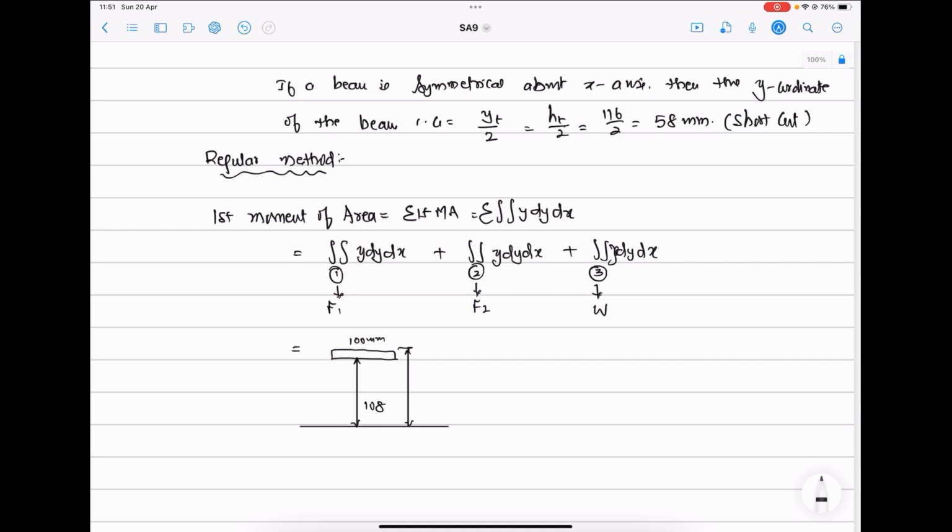Please try to understand. For the second, this is like this. This is 0, this is 8, this is 100.